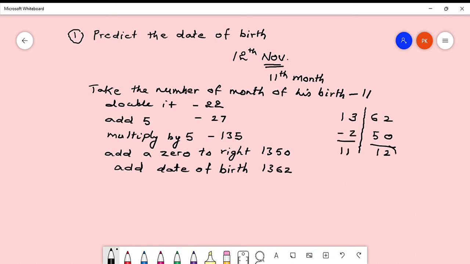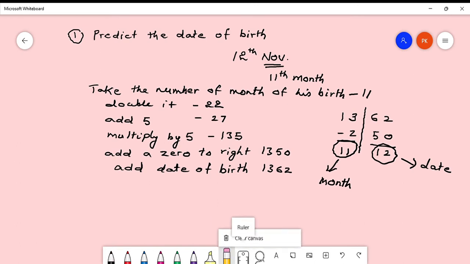So this is his date of birth. And this is his month of birth. That means his date of birth is 12th November. Let us take one more such case.